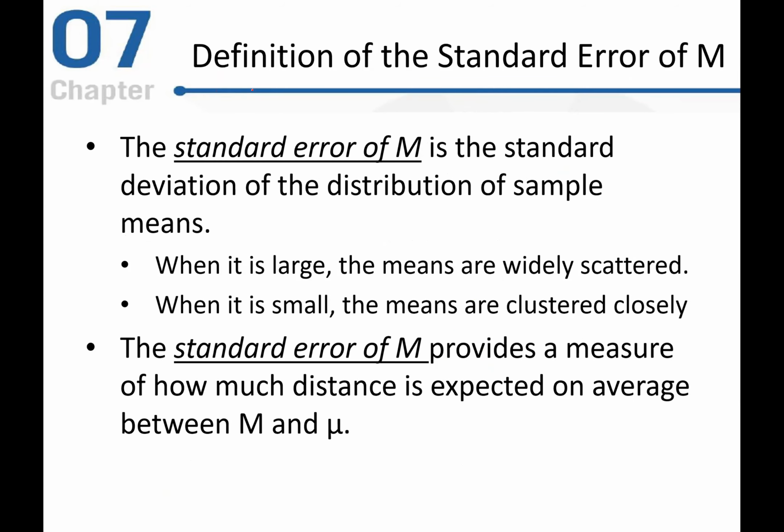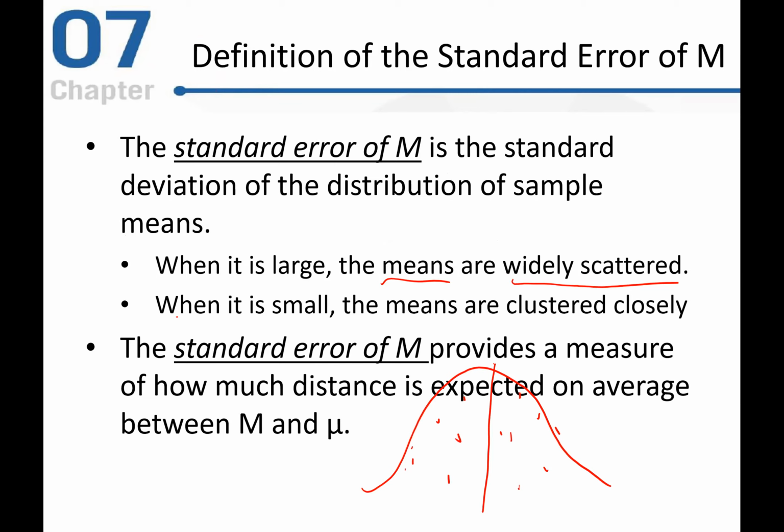So the definition of the standard error of the mean: again, the standard error of the mean is the standard deviation of the distribution of sample means. When the standard error of the mean is large, that means the sample means are widely scattered. So you'll get a fat distribution, because all the sample means are far away from the population mean.